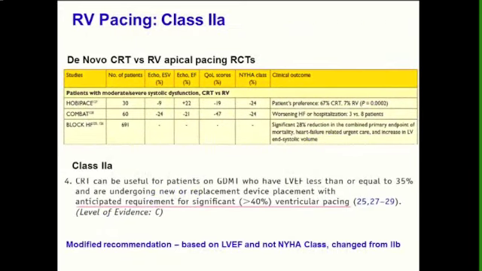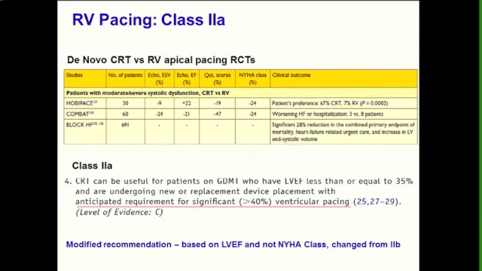However, there are very few data here. If you look at the first two trials, there are 30 patients and 60 patients enrolled in those for de novo CRT versus RV apical pacing. Very few data. BLOCK HF, which was published recently, is a larger series of patients, but in patients with better preserved ejection fraction of more than 40%, 40 to 45%, showing benefit.